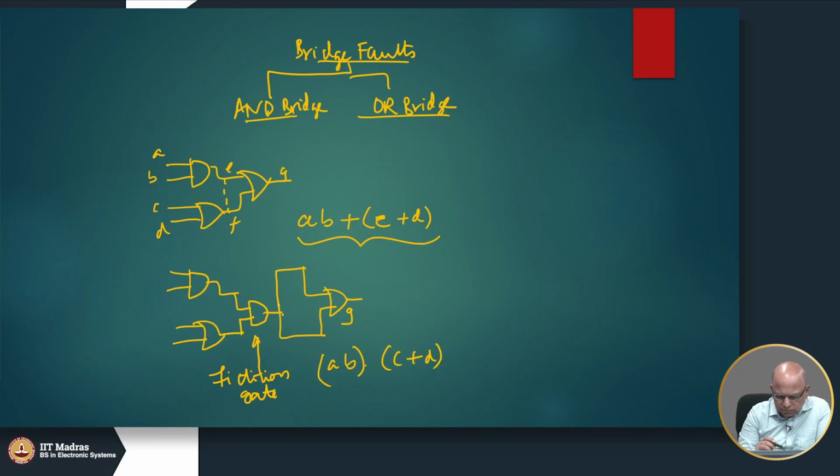So, this point here will produce A B dot C plus D, and of course, this OR gate will continue to produce the same thing. Because if you call this x, and the same value of x is coming here, so x plus x is x, right. So, A dot B dot C plus D. So, this is the fault. Okay. The logic has changed because of the bridge.